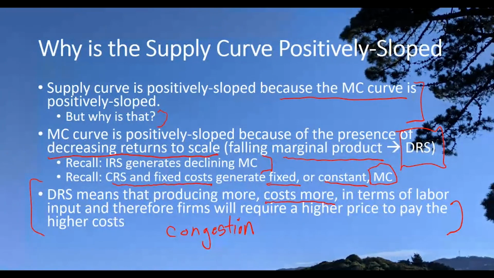Okay, so the purpose of this exercise is twofold. One, to explain why the supply curve is positively sloped, but two, to also emphasize how the assumptions we make about the production process feed into the curves that we're drawing and the shape that we're giving these particular curves. And what the modeling allows us to do is to identify the fundamental reasons for these relationships to be as they are.